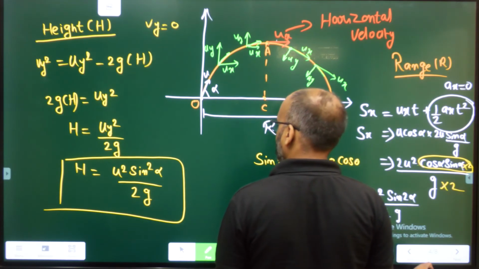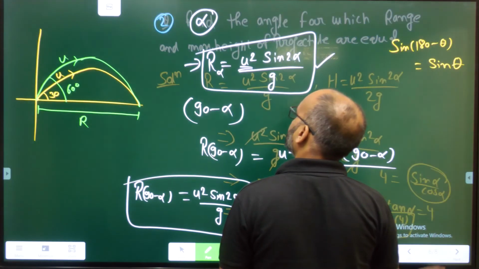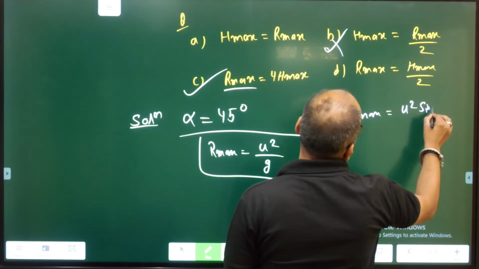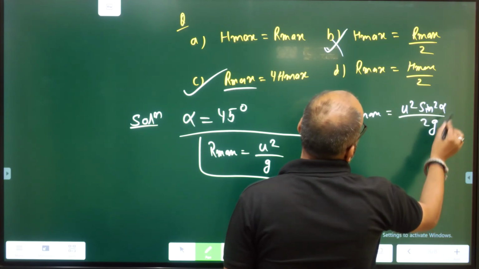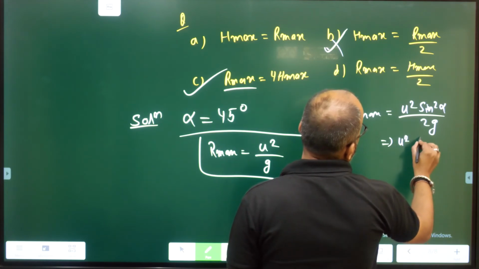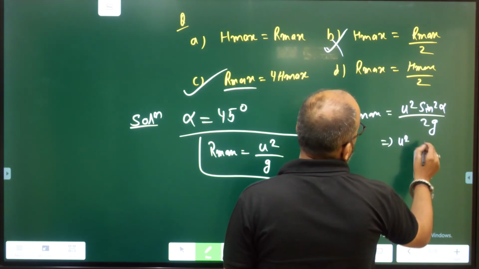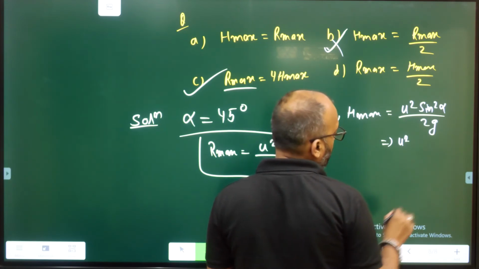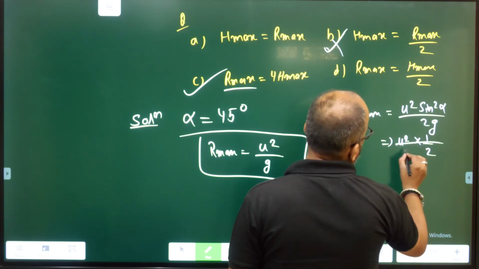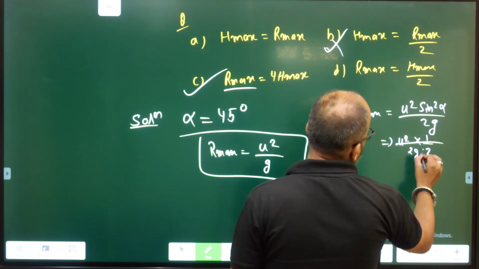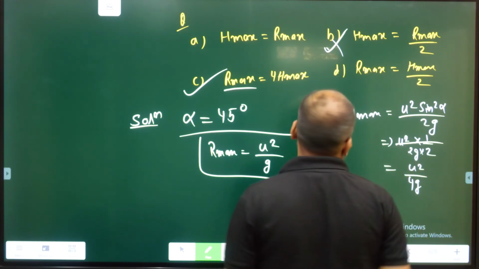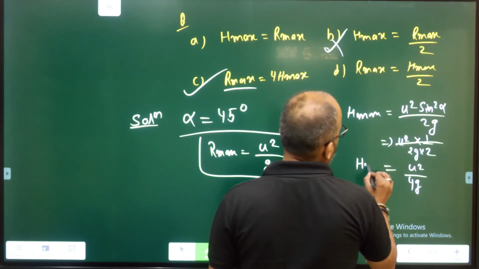Height is U square sine square alpha upon 2G. Alpha is 45, so U square, and sine 45 is what? 1 upon root 2. So into 1 upon 2, upon 2G. So it will be U square upon 4G. That's H max.